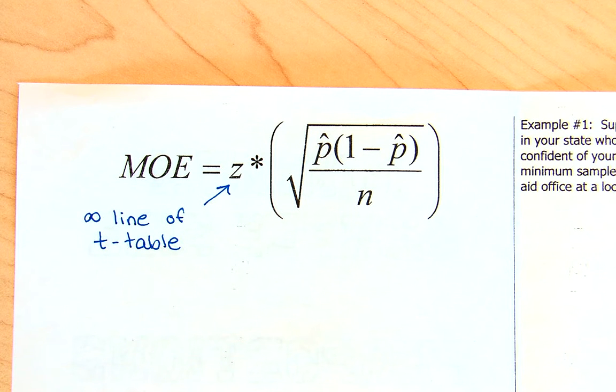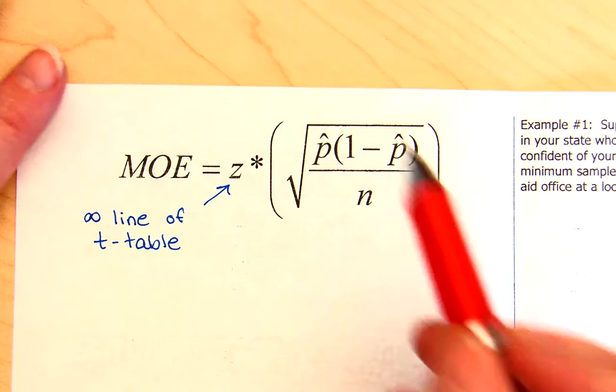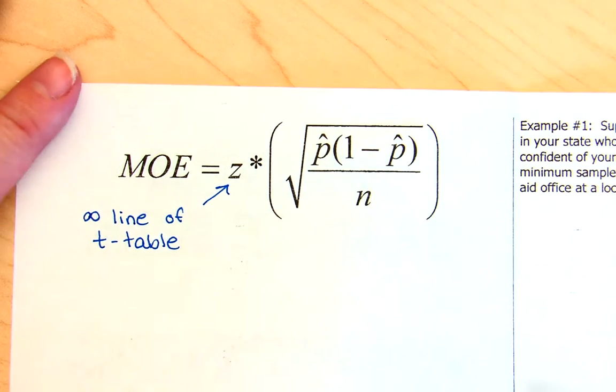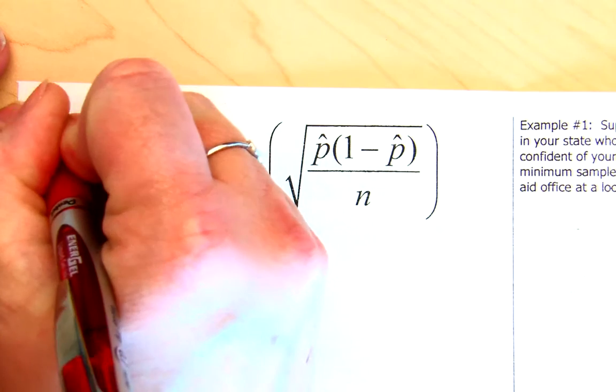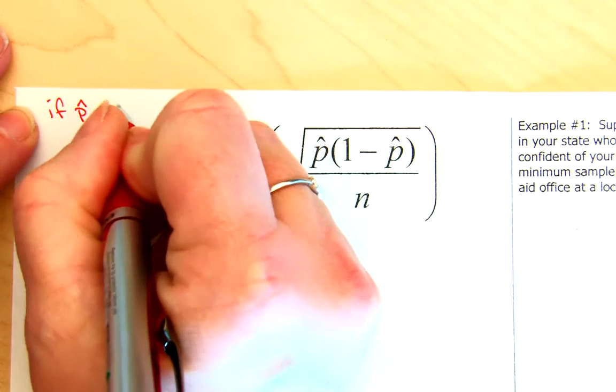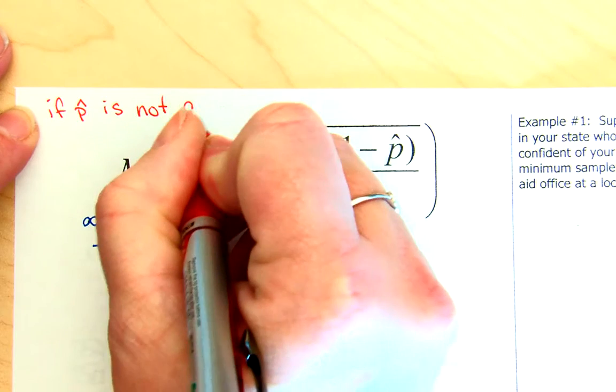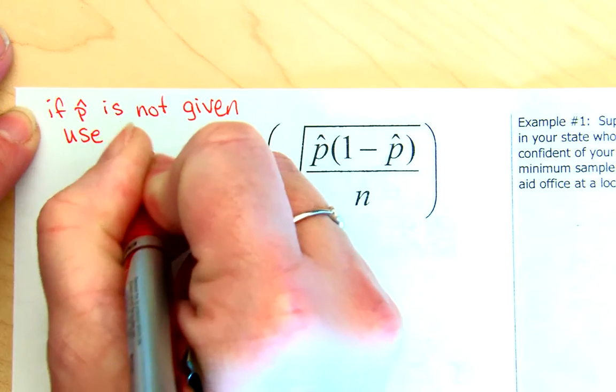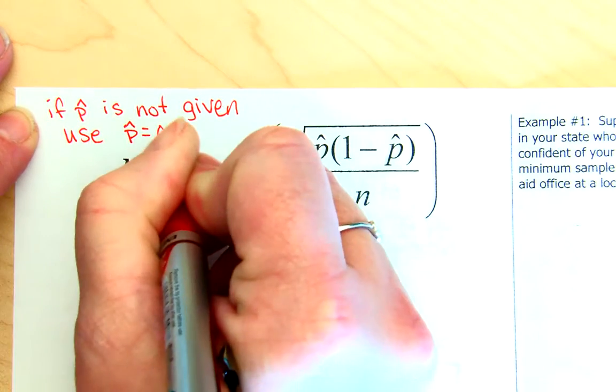The other thing, this p hat, sometimes they tell you, sometimes they don't. So if p hat is not given, we'll use p hat is 0.5.